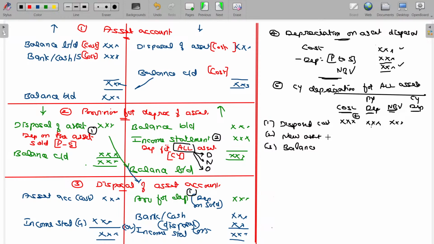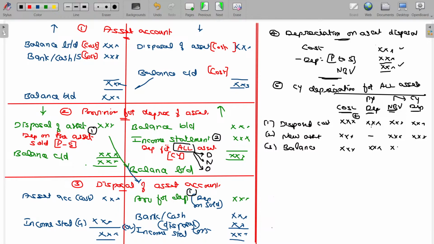For the new asset, cost and depreciation up to the previous period will not be there, and you can calculate the depreciation on this. Clear?